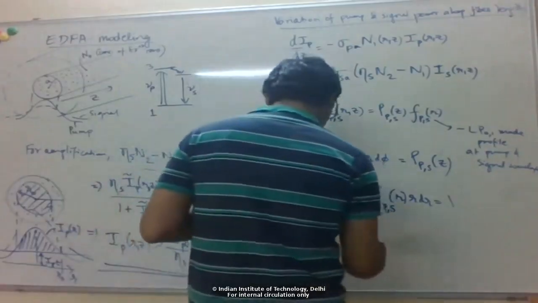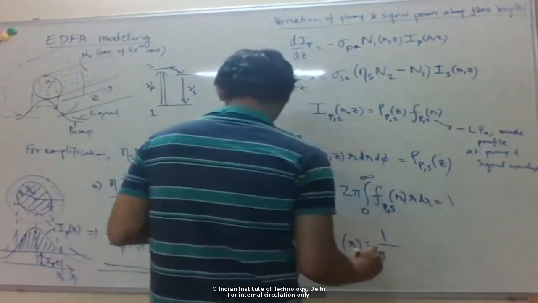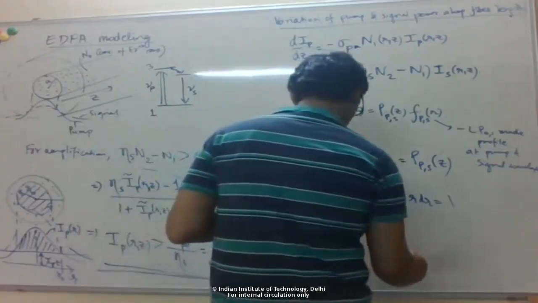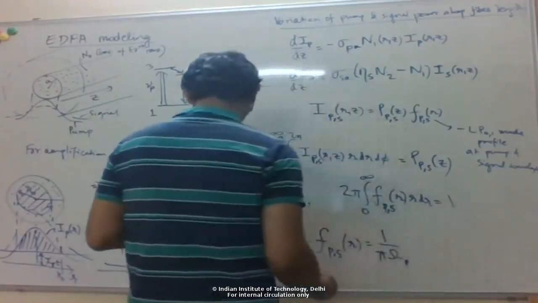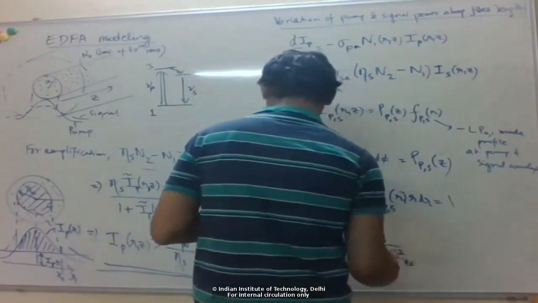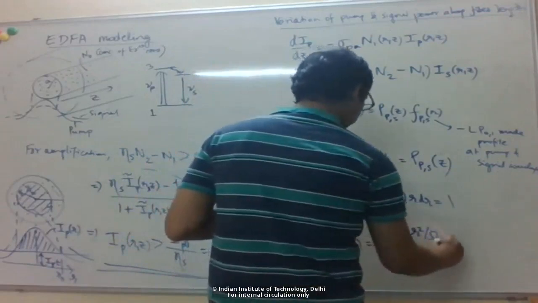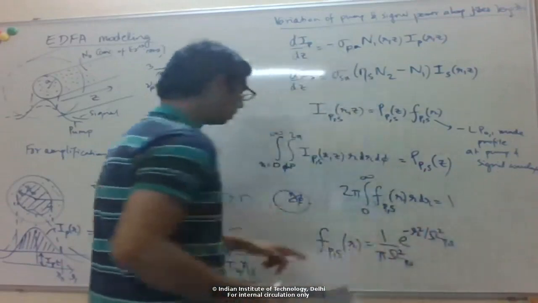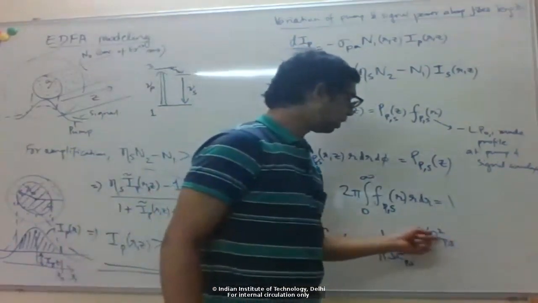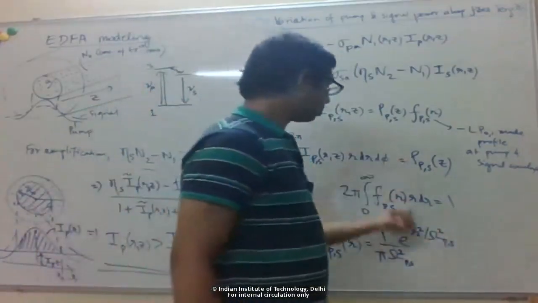I can write this function as some e to the minus r squared by capital omega squared, where capital omega is the spot size. We call it the Gaussian approximation.